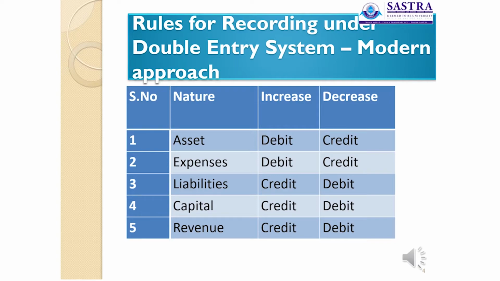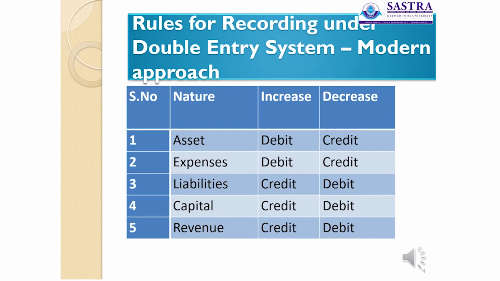Outsiders' liabilities: when liabilities increase, outsiders' accounts are credited. When liabilities decrease, their accounts are debited.